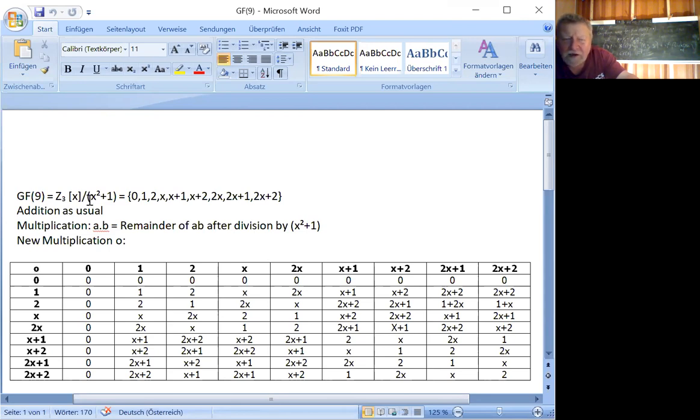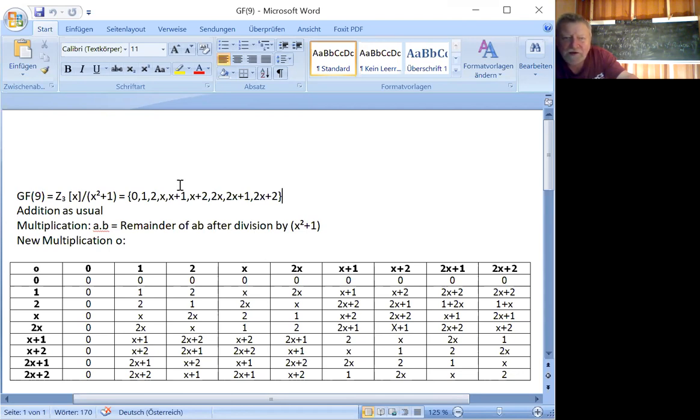In this case, we do it with x squared plus 1. And then you get all different elements by simply taking all polynomials of degree 0 or 1 with coefficients from Z sub 3.